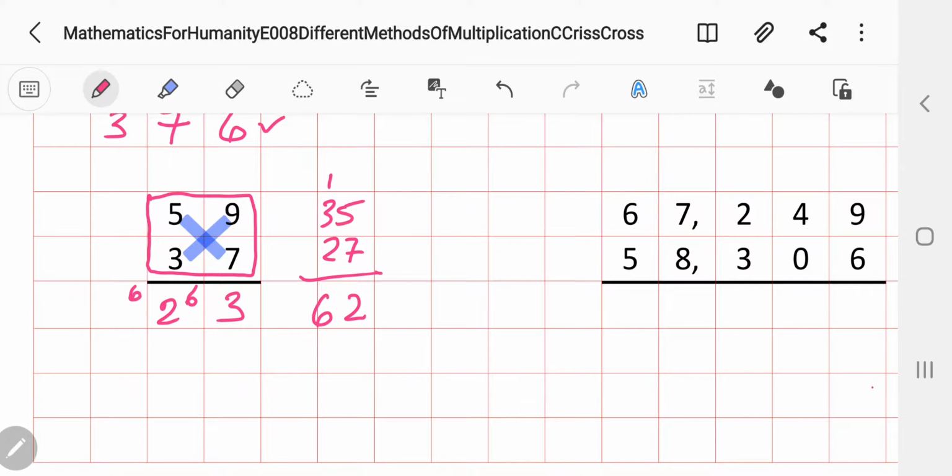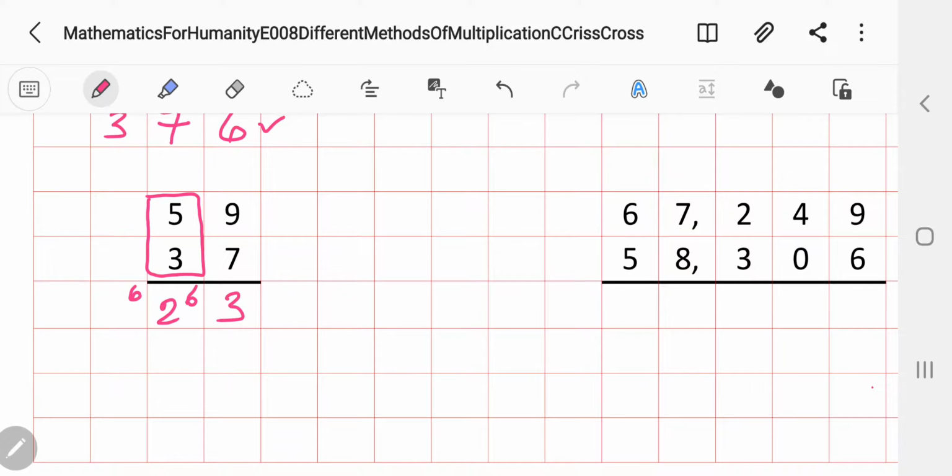Then let me erase this, let me erase that, and then I'll enclose the last one. We increase the enclosure as we go left, and then after reaching the leftmost column we then decrease the enclosure.